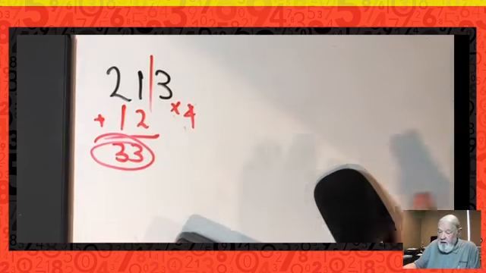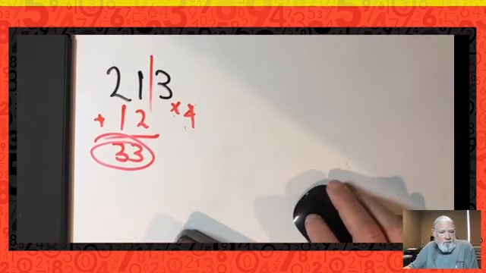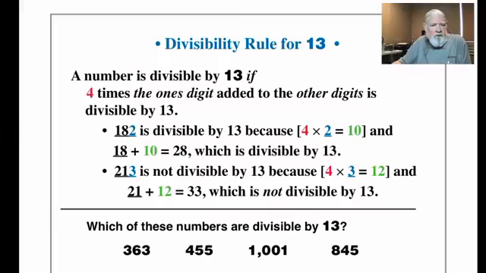Okay, let's take a quick run through these 4 examples here. How about 363? Is that divisible by 13? Well, let's see. Multiply the ones digit by 4.